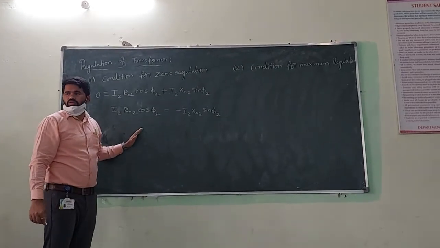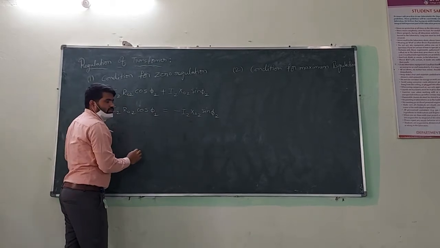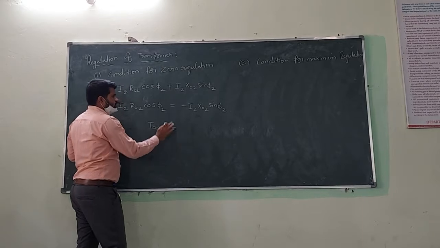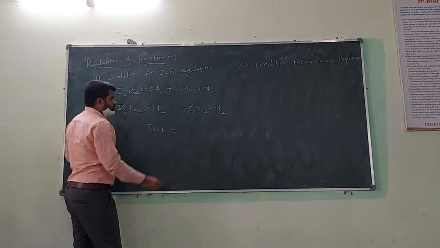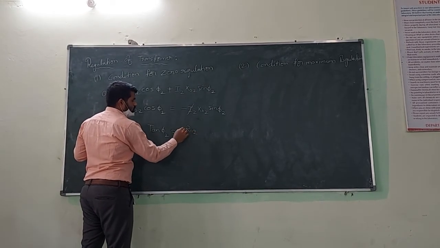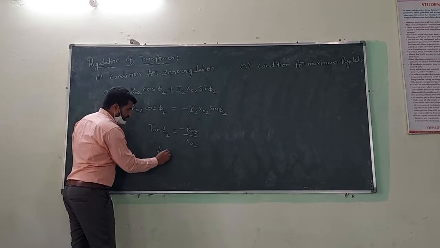I want the power factor where you will get the regulation equal to 0. Sin phi 2 by cos phi 2, what will you get? Tan phi 2. Cancel out this I2 and I2. What will you get? Tan phi 2 equals minus R02 by X02. I want only the power factor.